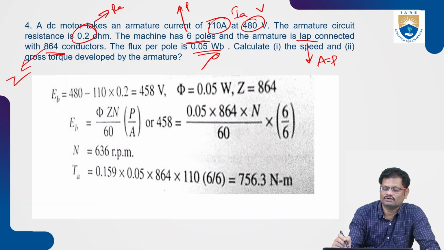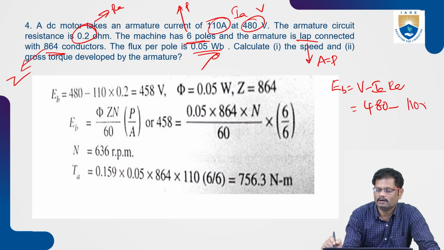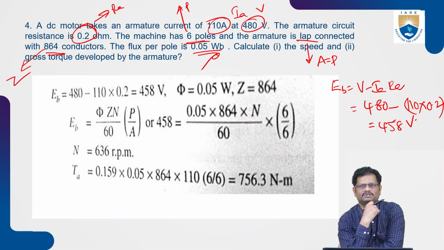So we have an expression for back EMF as EB equal to V minus IA RA. V is given as 480 volts and IA is 110 and RA is 0.2. So its value is 458 volts. And flux is given as 0.05 webers. Armature conductors are 864.